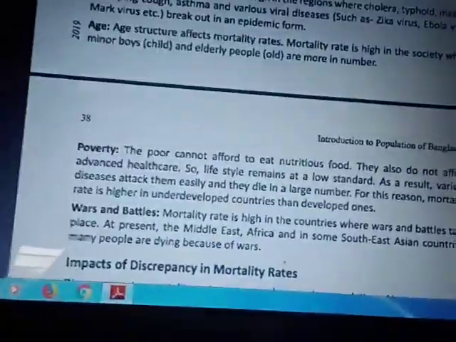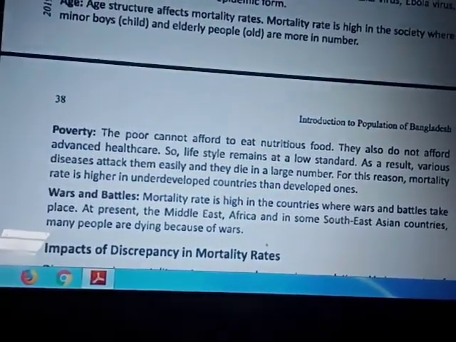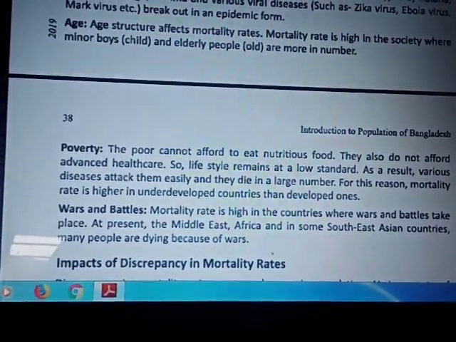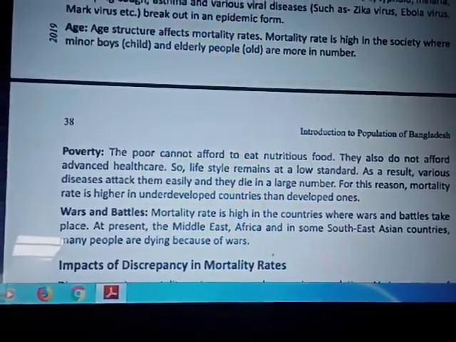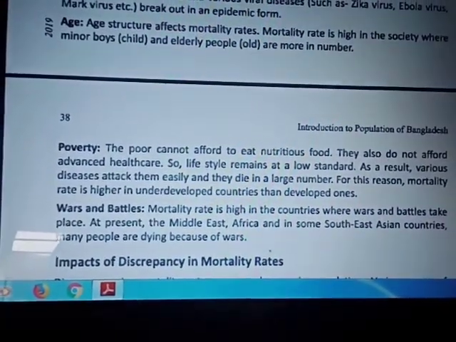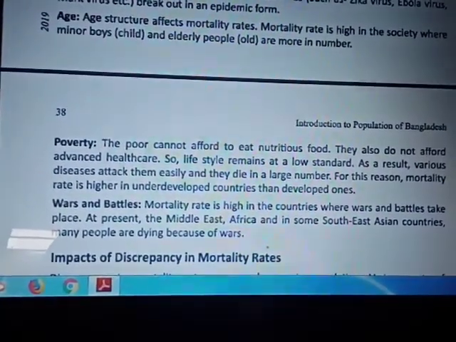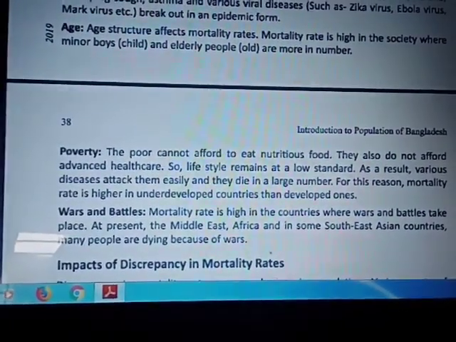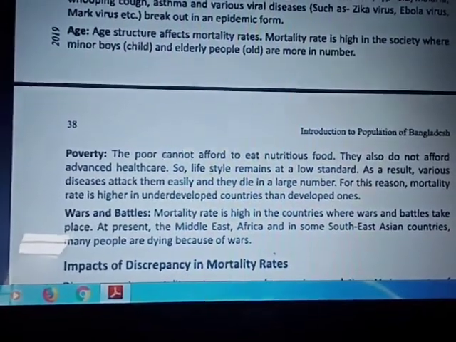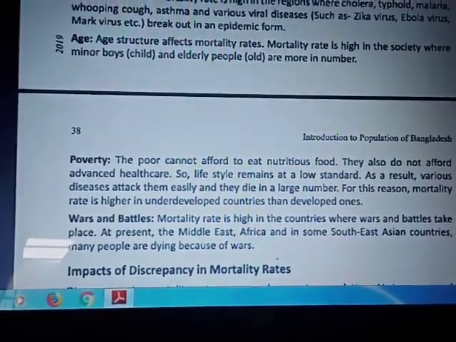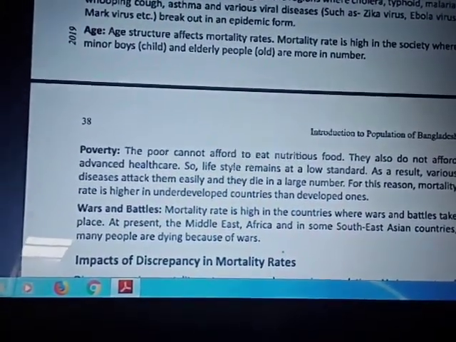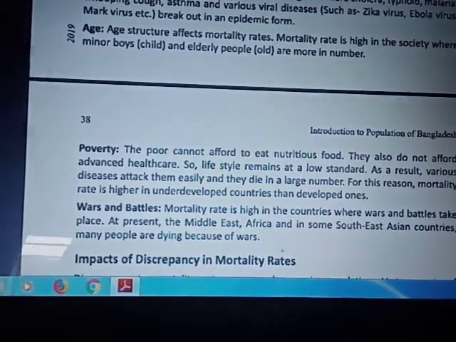Poverty: the poor cannot afford to eat nutritious food, and they also cannot afford advanced health care. Actually, they could not get proper treatment because their income is low, and they live in an unhealthy environment, and their lifestyle remains at a low standard. As a result, various diseases attack them easily and they die in large numbers.